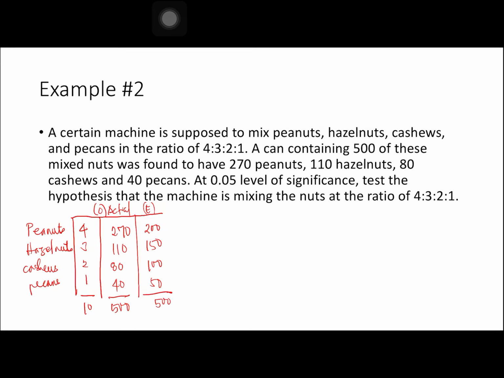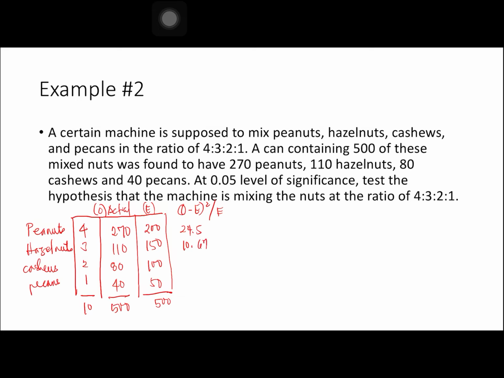So let us compute now for the observed minus expected squared divided by the expected. So we have 270 minus 200 squared divided by 200 is 24.5. Then 110 minus 150 squared divided by 150, that is 10.67.